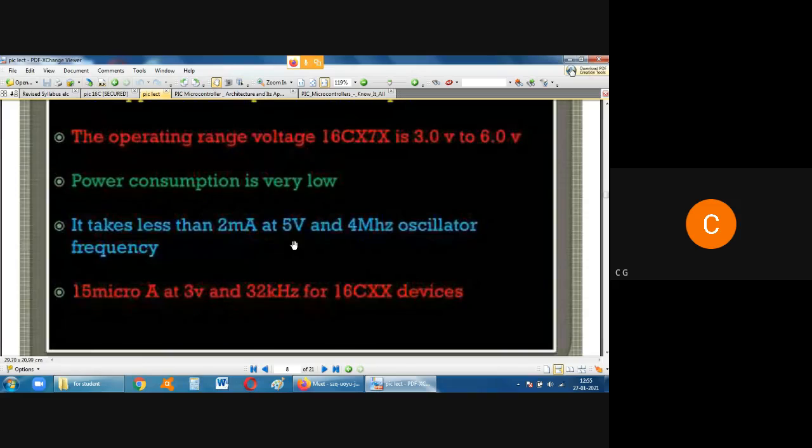Now if you look below, it is 15 microampere, which is much lesser than milliampere, at 3 volt and the speed is 32 kilohertz. If you apply 5 volt it will work with 2 milliampere of current, and this is made of CMOS.